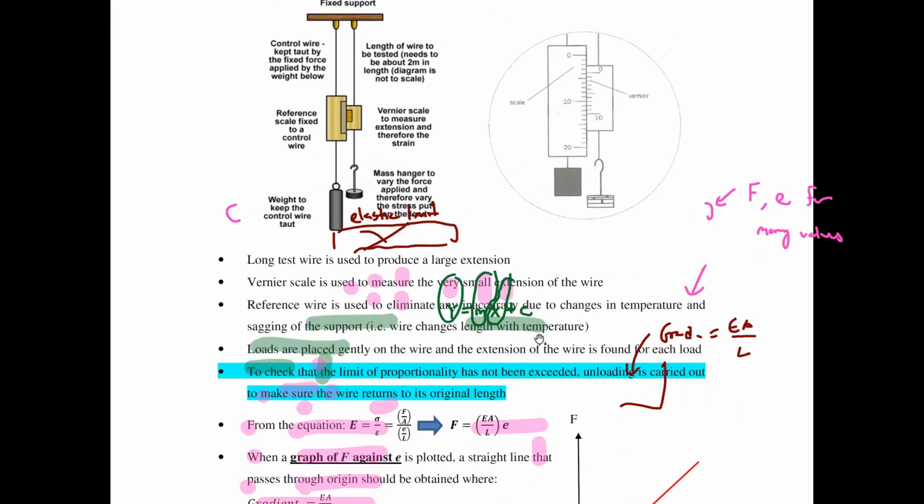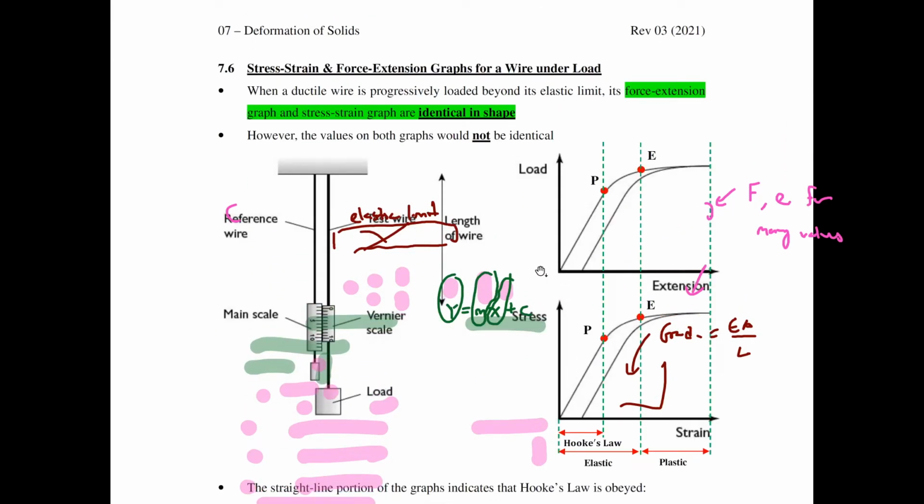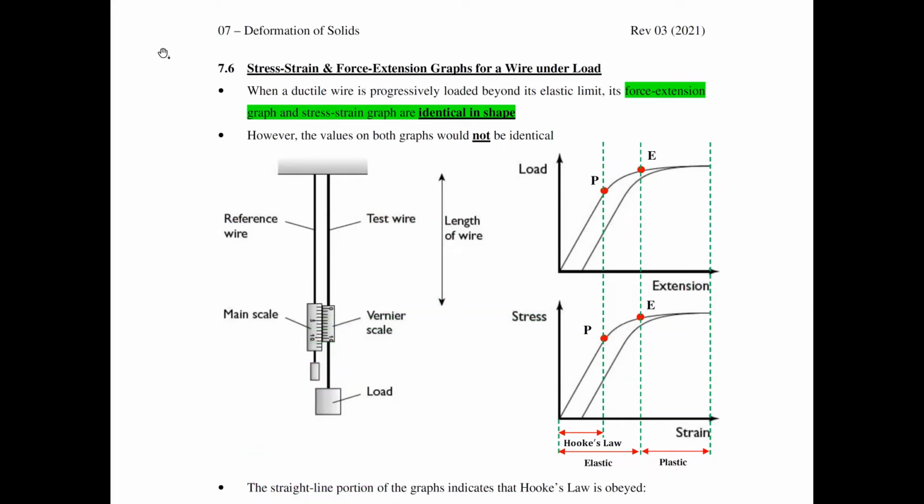Okay, now for the same experiment where you apply a load onto the wire and measure the extension, if you plot a graph of stress versus strain or force versus extension for that same wire under load, you will normally get a graph that is identical in shape. This is load versus extension, stress versus strain. If your force versus extension shape is like this, your stress versus strain would also have the same shape.